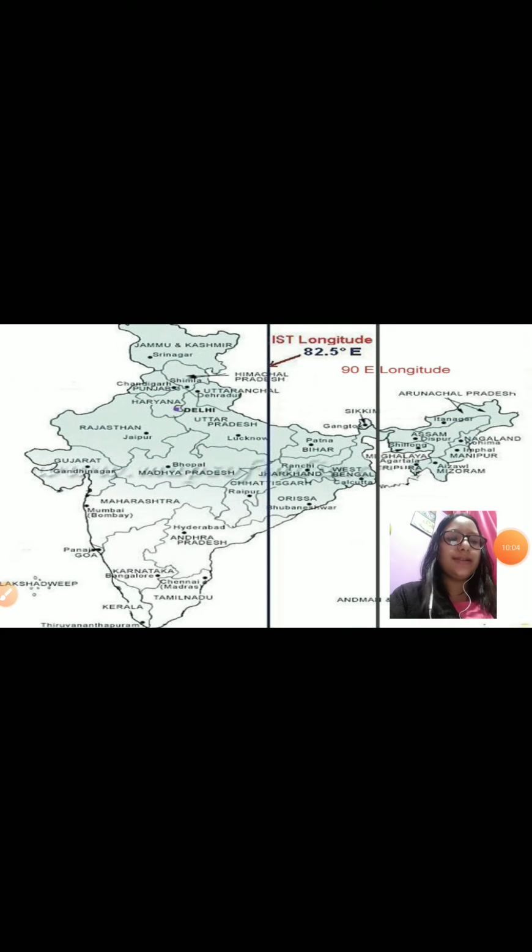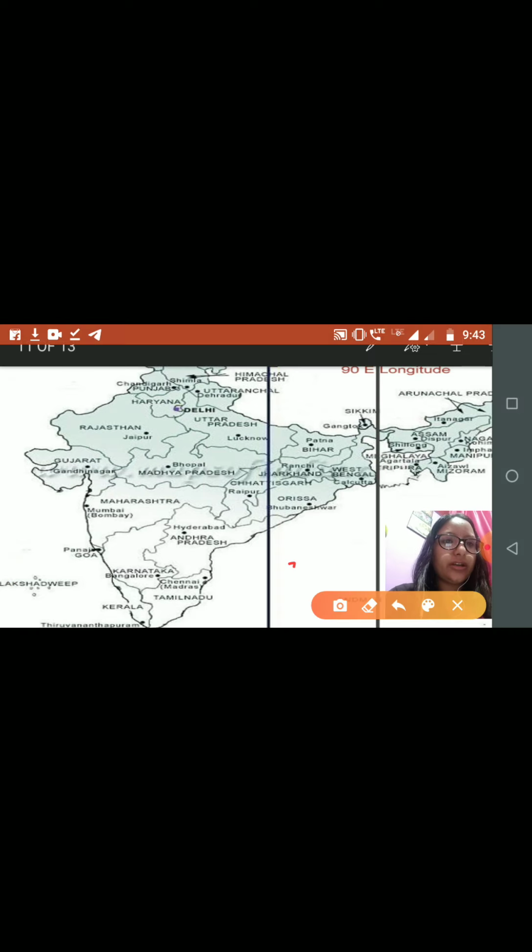Now let us understand the central meridian and the Indian Standard Time. You all know that there is a 30 degree longitude between the eastern and the western end of the country. This means a difference of 2 hours. There is a difference of 2 hours in time between these two ends.